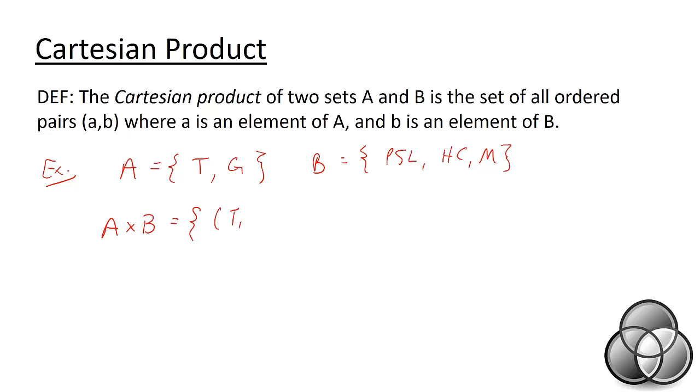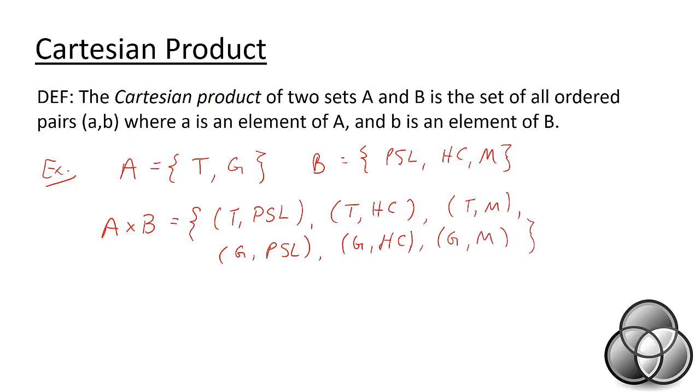The Cartesian product, A cross B, is the set of all ordered pairs that we get from ordering in this particular way. So here's the full list of the 6 possible ordered pairs that we can make.